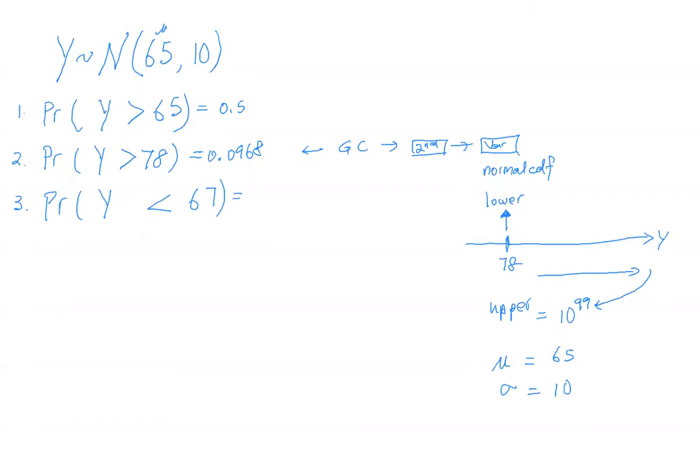In this case, the first number is the lower, the second number is the upper. This is 67 here, onward. This is your Y, am I right? So that means the upper will be 67 and the lower, we put negative 10 to the power of 99. Negative 10 to the power of 99. Can or not?